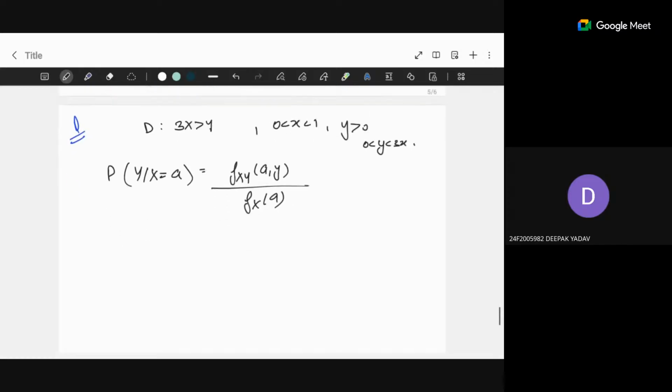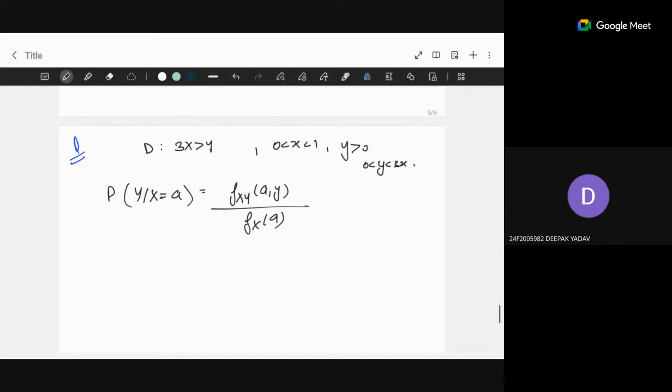Okay. So the main thing is, if you need to find out, there is one thing. Let's suppose you have two variables x and y, and they are following some uniform distribution with D as the region.